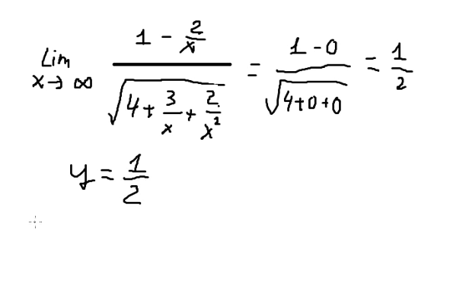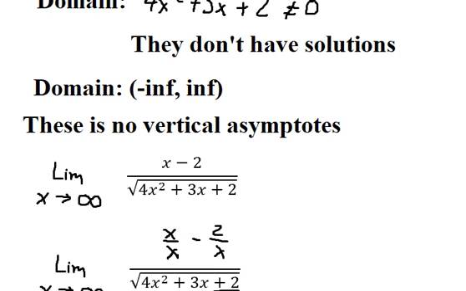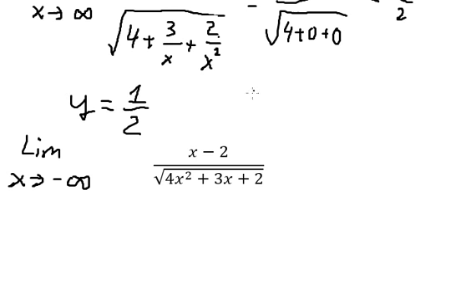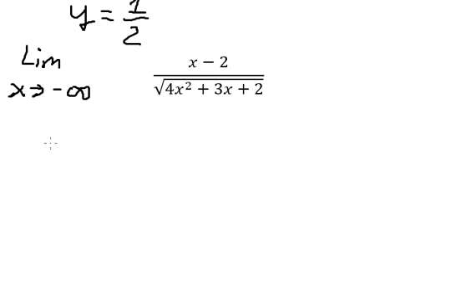Now let's go to the limit as x approaches negative infinity. For this one, in this situation, I will use x equals negative t. So we change x into negative t.